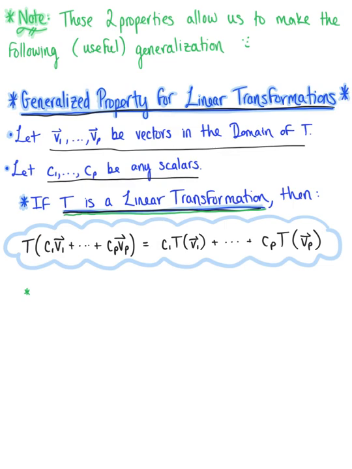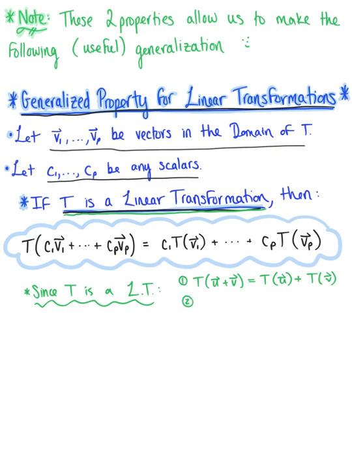So, what do we know about linear transformations? Since T is a linear transformation, abbreviated LT, we know that it preserves the operation of vector addition. In other words, the image of vector u plus vector v under the action of T is equal to the sum of those two images. Again, since T is a linear transformation, by definition it preserves the operation of scalar multiplication.